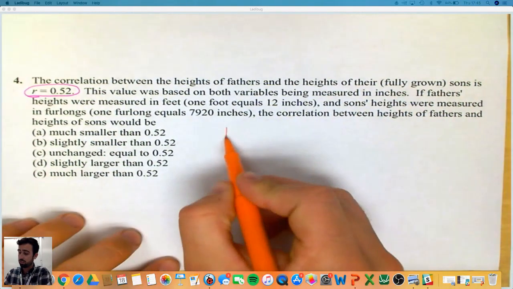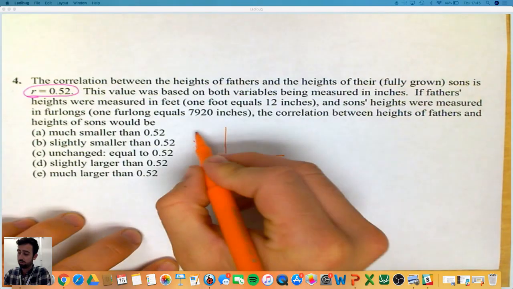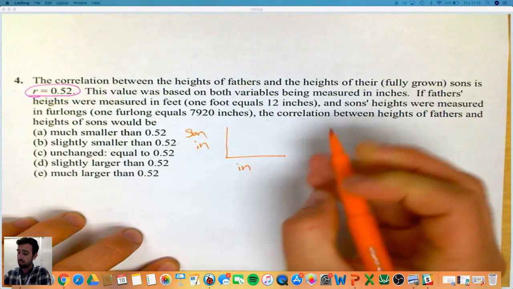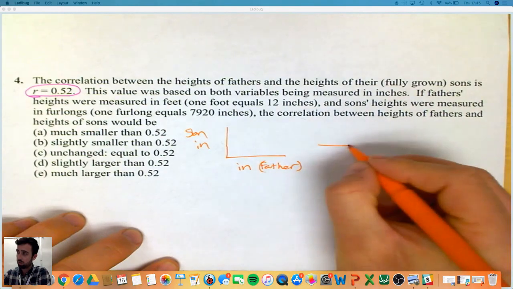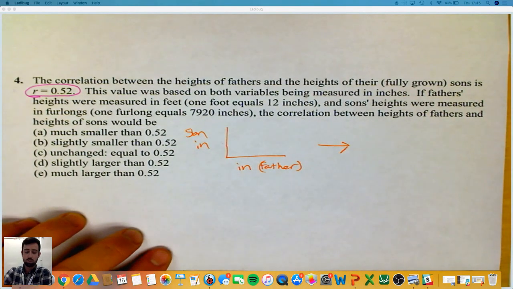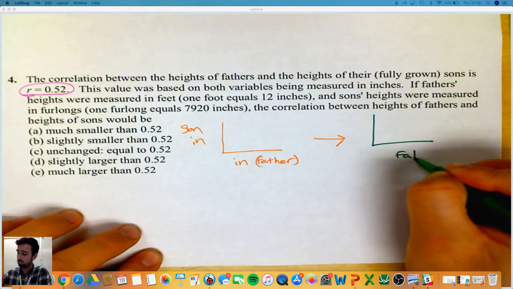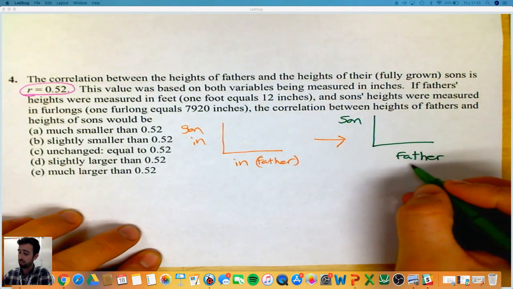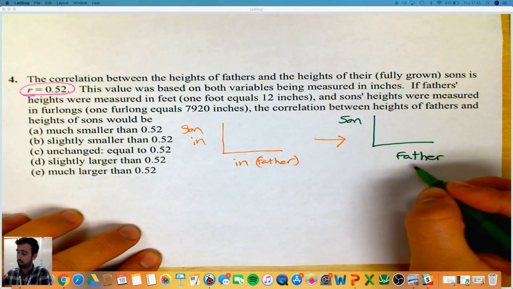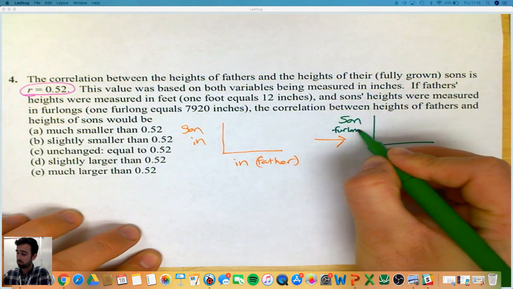All right, so this is saying, if we had a scatter plot in inches of the son's height and the father's height, what if I then changed it to be still the father's height, still the son's height, but in this one it was feet, and here it was furlongs.